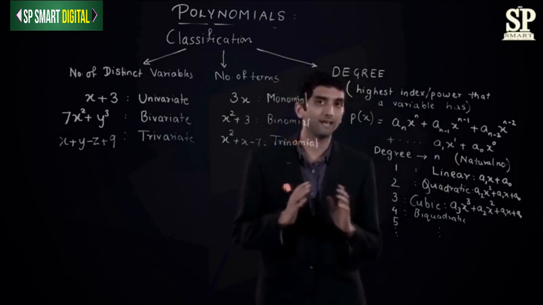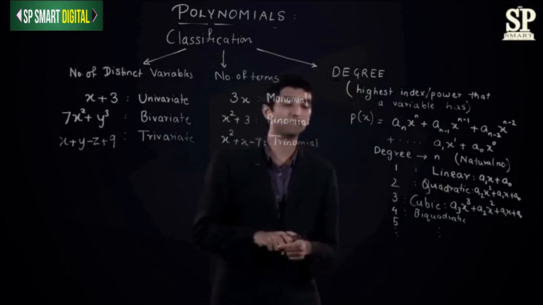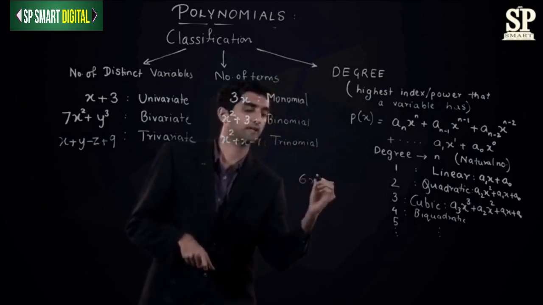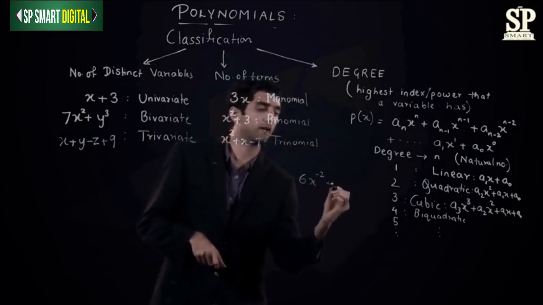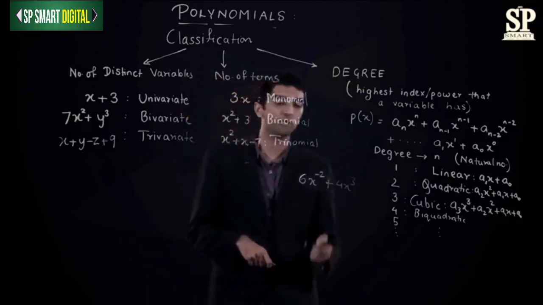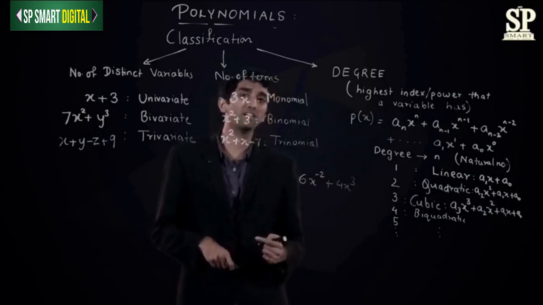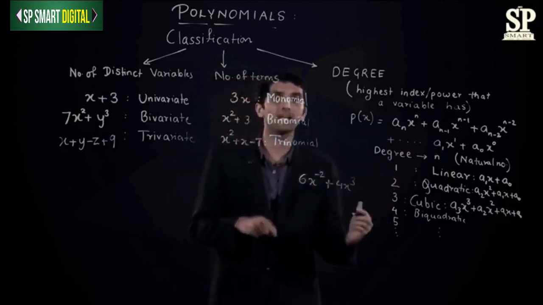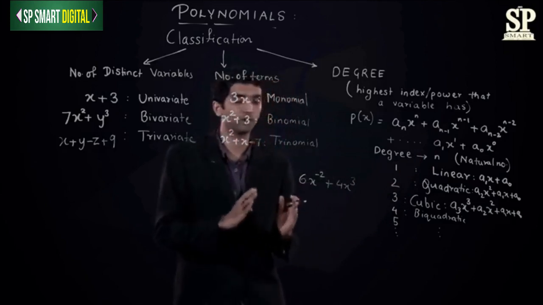It cannot be a negative integer as well. What I'm trying to say here is, if I say that I have an equation of this kind, 6x raised to minus 2 plus 4x cube, I can't call this a polynomial expression because there is one term which has a power of minus 2, and that is not allowed. Everything has to be in natural numbers only.